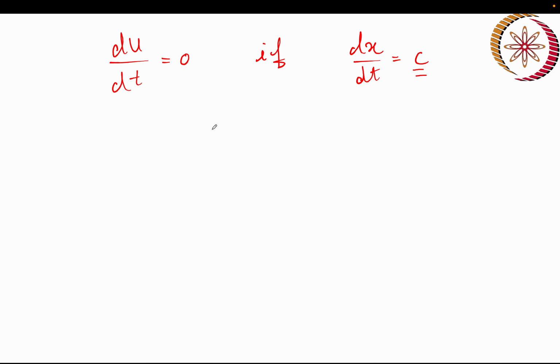So this is known as the method of characteristics, and in this case we can see that u is equal to constant, and we'll write it in more detail. x of t is constant means u at this x is there.